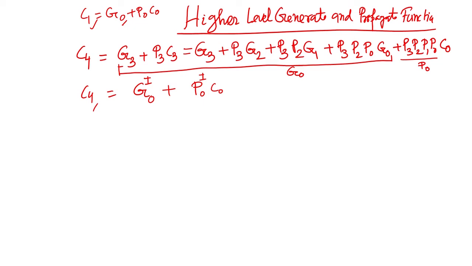Similarly, C2, what did you write? C2 equal to G1 plus P1 and C1. Instead of C1 we write this one, P1 G0 plus P1 P0 C0.